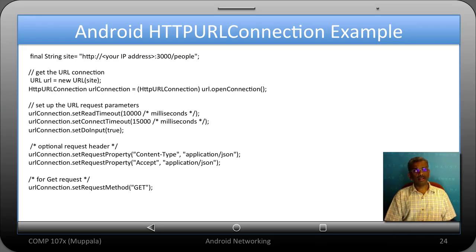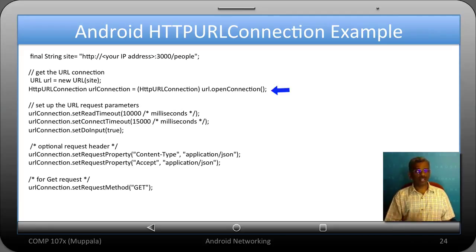Now, in the exercise that you just completed, you saw me using HTTP URL connection to establish a connection to the server. You call this by specifying the URL of the server, and then establish the connection by calling URL open connection.